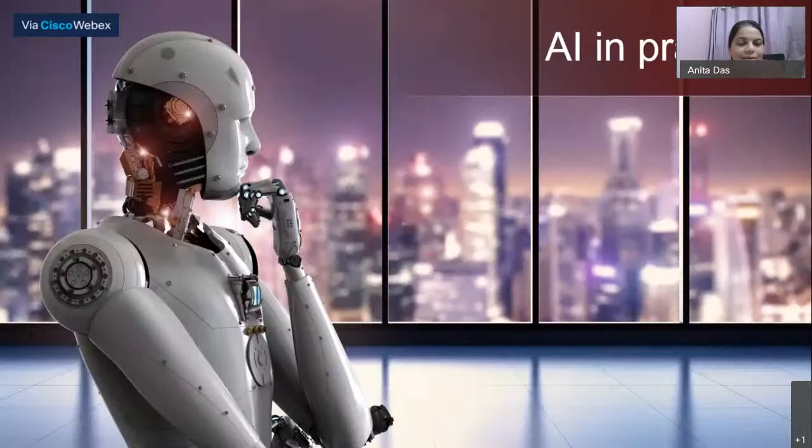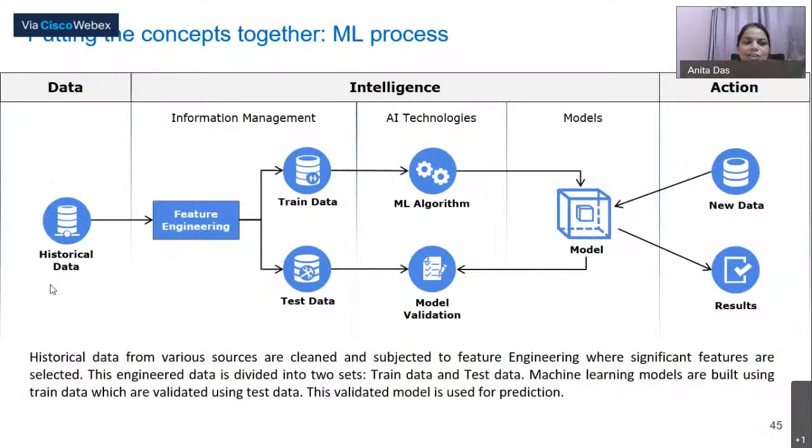So let us talk about AI in practice. Let us talk about the architecture and how we go about implementing these algorithms in real life. First we have the historical data available. Without data, there is no learning, right? Historical data as such cannot be used for analysis or prediction.